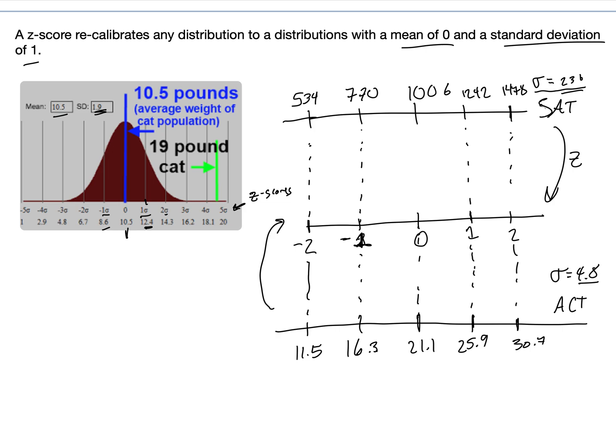So one thing that's really great about a z-score is that it can be used to get an idea of relative standing without knowing that much about the details of the measurement. So especially in health sciences, this can be really useful. If you get some kind of information like, the red blood cell count in my body is 48 micrograms per microliter, you could say, well, that doesn't mean anything to me.